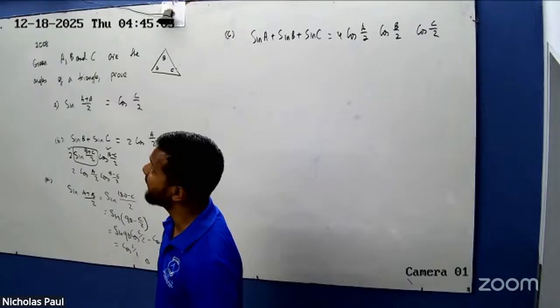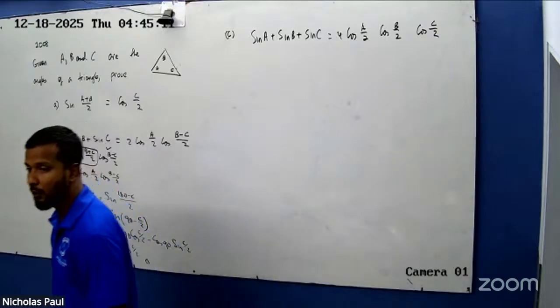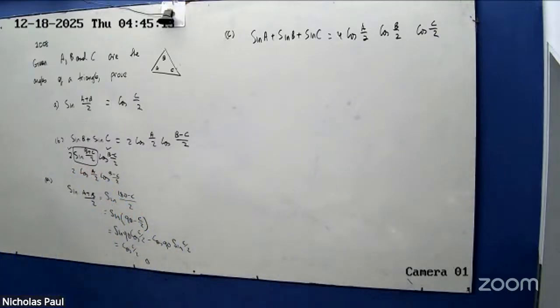But try it, right? The last thing that we have to do in trig is real simple. Combine what we did last time. Try it.